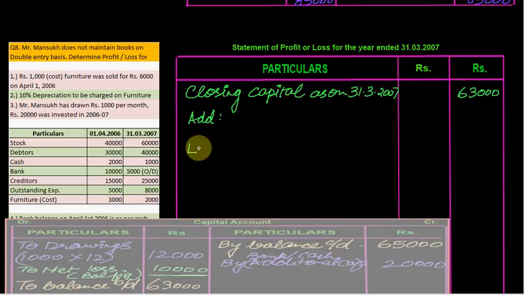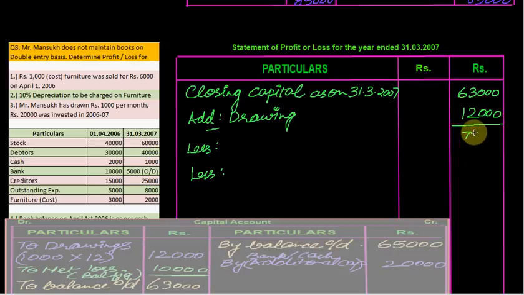Add drawing. Drawing during the year, we know it is 1,000 per month into 12, that is 12,000. So this 63 plus 12 comes up to 75,000.